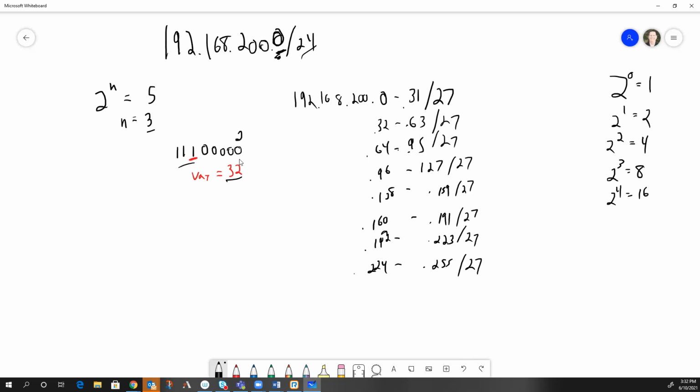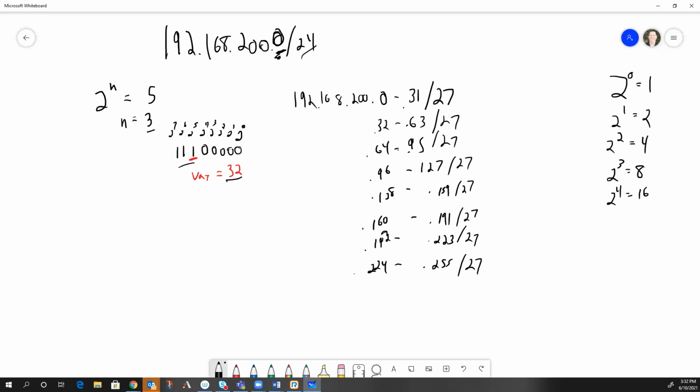But remember, this is 2 to the 0, 2 to the 1, 2 to the 2, 2 to the 3, 2 to the 4. Oh, all right, I got it. So it's a 32 position. Yes. No problem. And my handwriting's so bad it's hard to see anyway. I apologize for my handwriting.